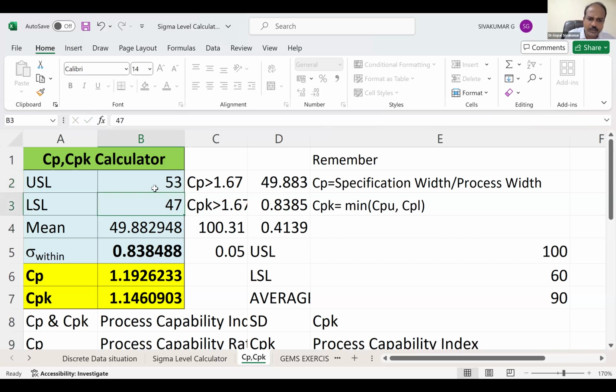The lower spec will be 47. And what is the customer target here? When I say upper spec 53, lower spec 47, the customer target is 50. So with respect to the target and specification provided by the customer, how is your process performing?